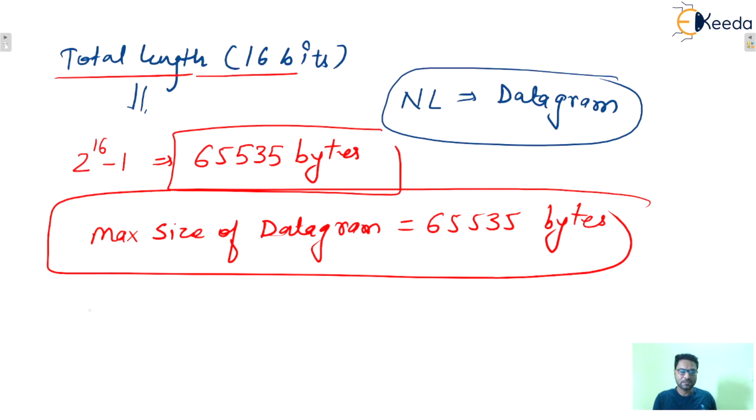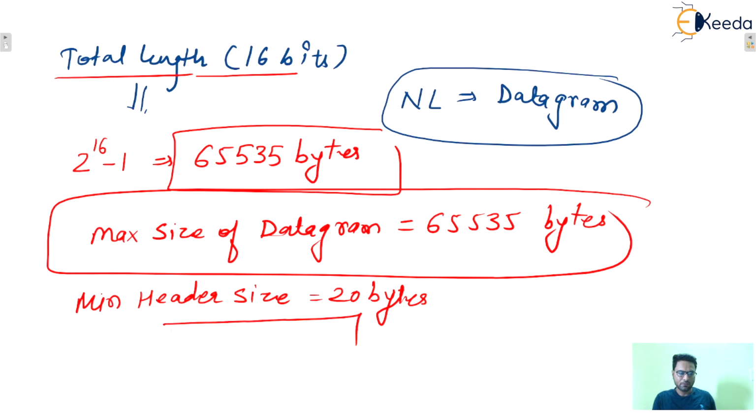Now the minimum header size is 20 bytes. You know the maximum size of a datagram is 65535 bytes, and the header minimum size is 20 bytes.